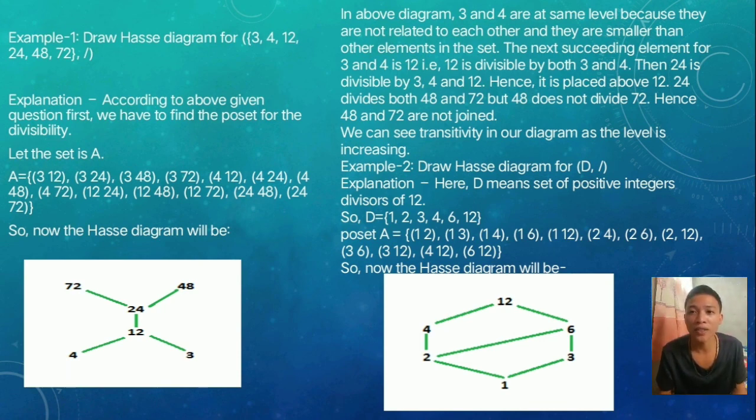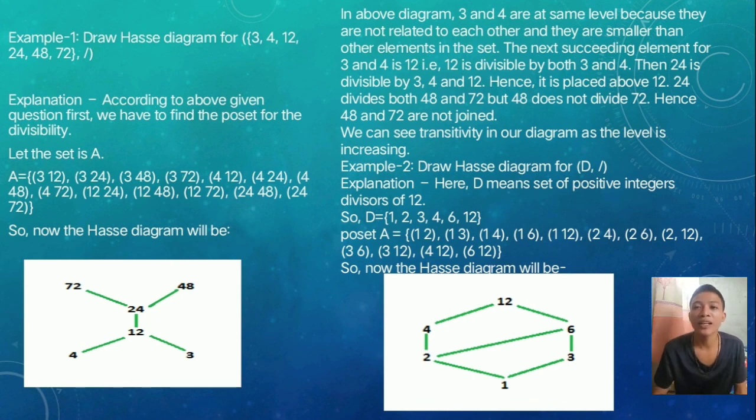Then 24 is divisible by 3, 4 and 12, hence it is placed above 12. 24 divides both 48 and 72, but 48 does not divide 72, hence 48 and 72 are not joined. We can see transitivity in our diagram as the level is increasing.